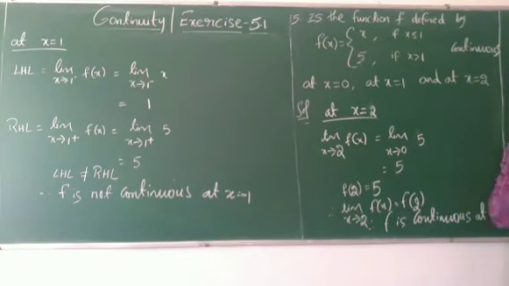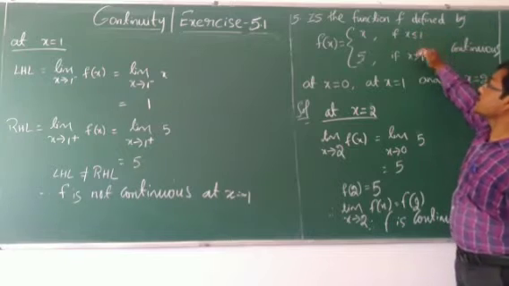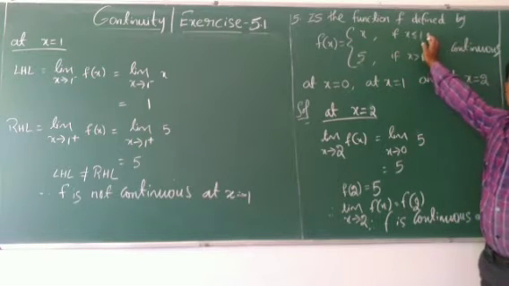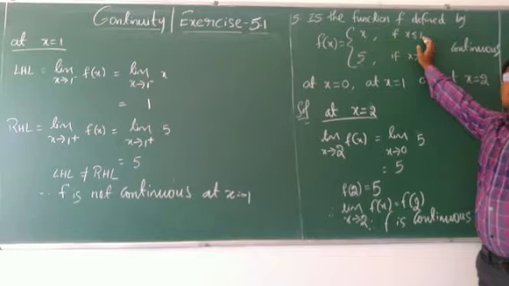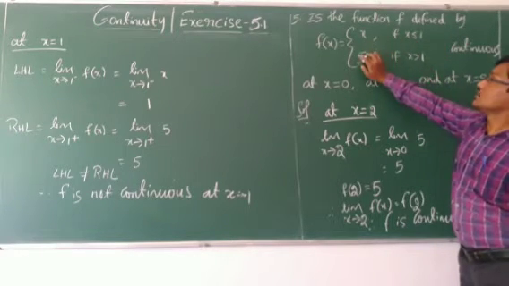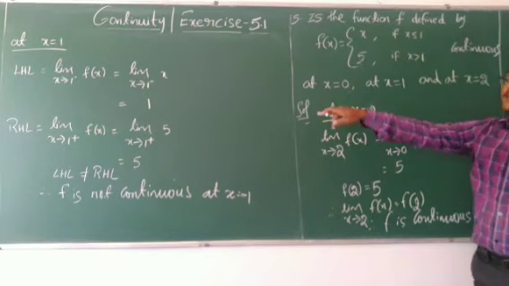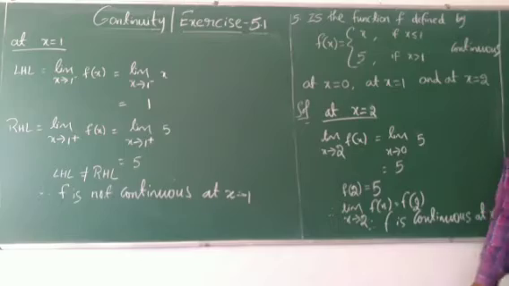Now the doubt is, when you have less than and greater than at a point, there you need to be a little careful. You have two different functions. So sometimes the limits may be equal, sometimes they may not be equal. In this case it is not equal.